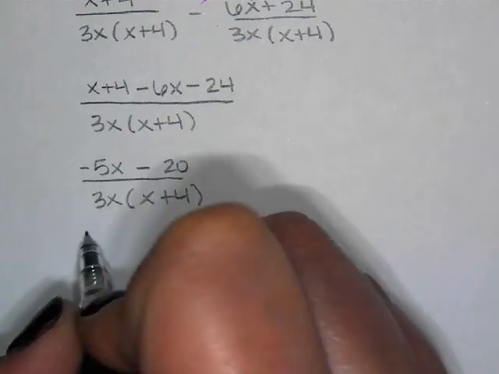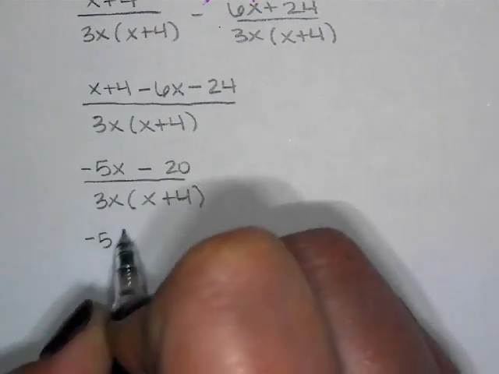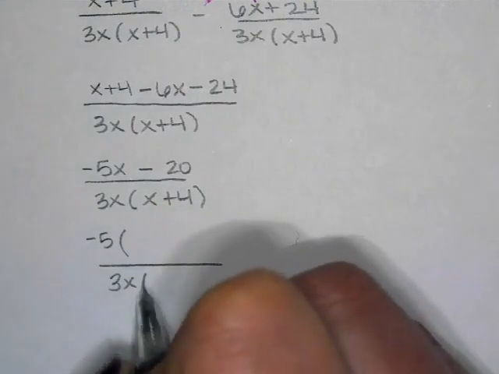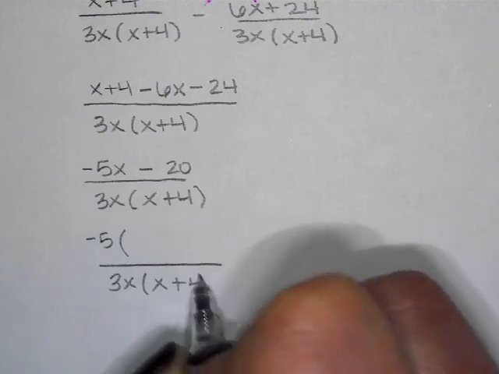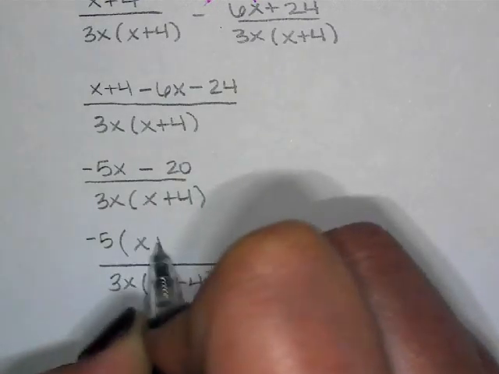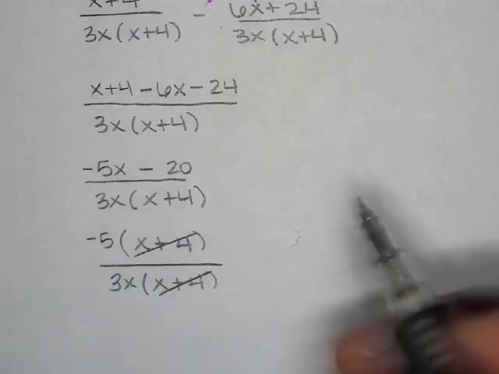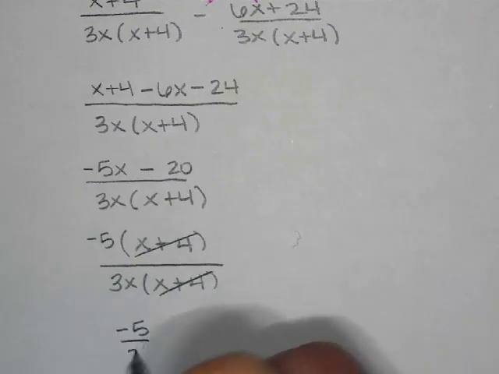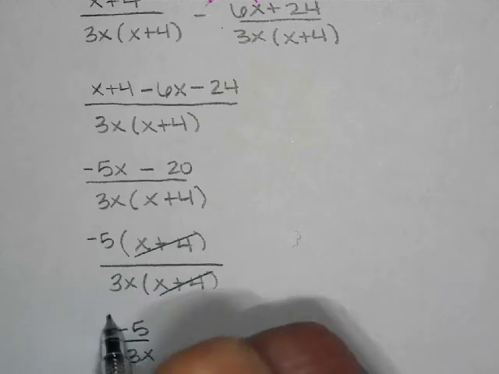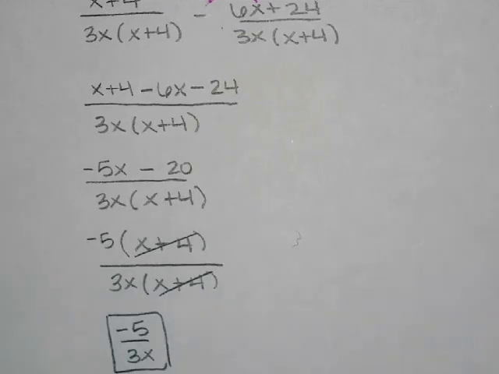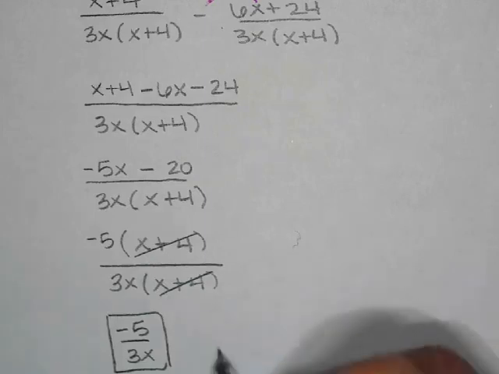And when you take out the GCF of negative 5, what are you left with? x plus 4. Okay, and what letter does this match up with? Letter L. So number 9 is letter L.